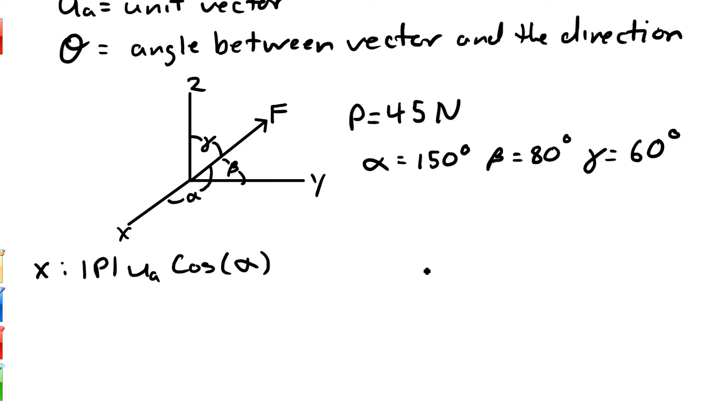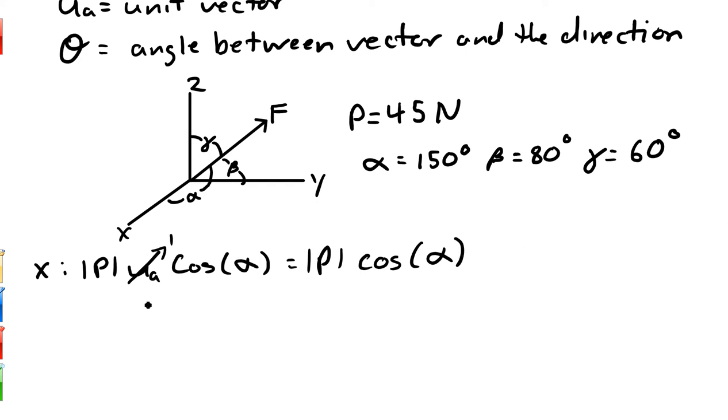Now when you're given the cosine angles, the important thing to keep in mind is that this unit vector A is in the same direction, so this is just going to be equal to 1. So your equation simplifies to just the magnitude of P, cosine of alpha.